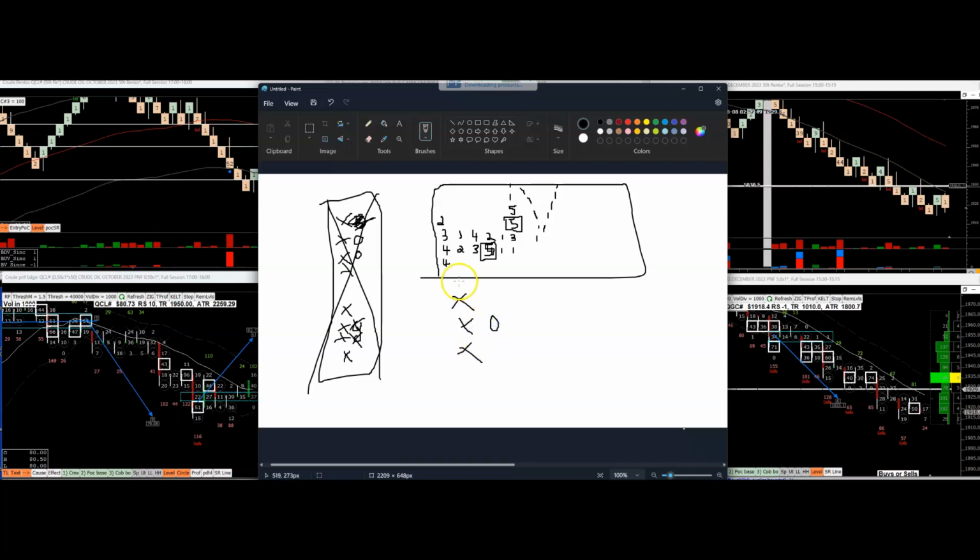X's and O's don't show you the second thing, which is volume. And that makes all the difference. Meaning, if you have X's and O's, just 1, 2, 3, 4. You see where the 5 is?